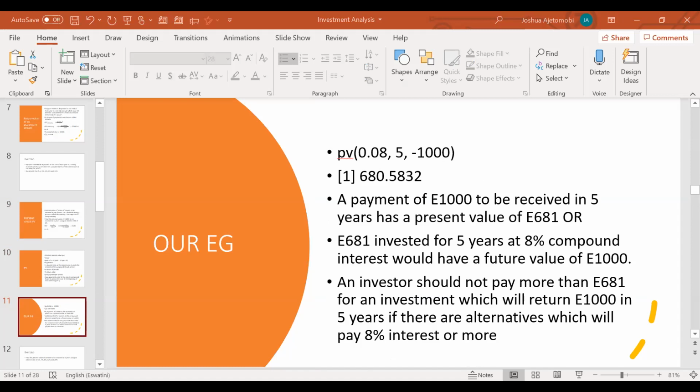PV, 0.08, 5 years, minus 1,000. Start with your rate, which in your case is 0.08. Then the number of years.